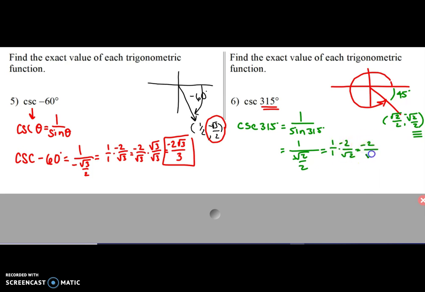So negative 2 over the square root of 2, square root of 2 over square root of 2, rationalizing it just as I did the same. So we'll have negative 2 square root of 2 all over 2, but those cancel, so I'm left with negative square root of 2.